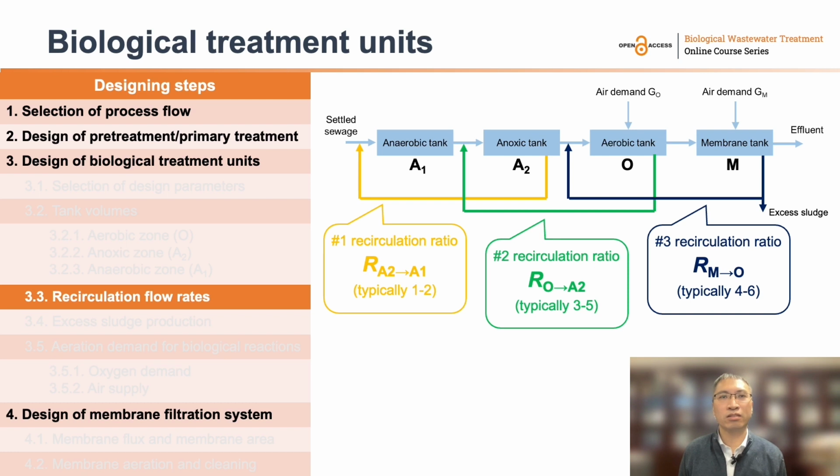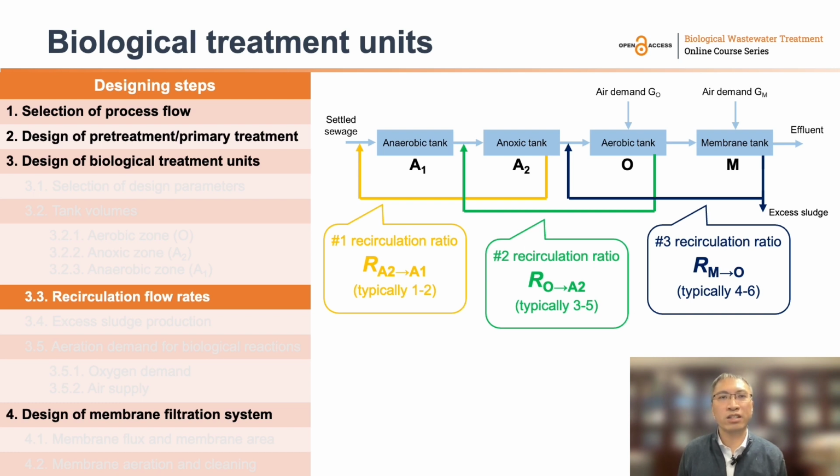Secondly, in order to enable biological denitrification to remove total nitrogen, the mixed liquor in the aerobic zone needs to be recirculated to the anoxic zone. The recirculation ratio should be high enough to ensure a sufficient proportion of total nitrogen to be denitrified and maintain a sufficient MLSS concentration in the anoxic zone.